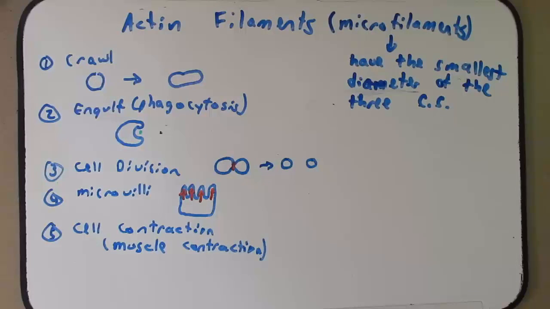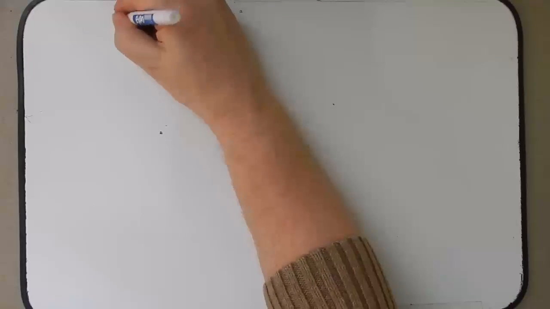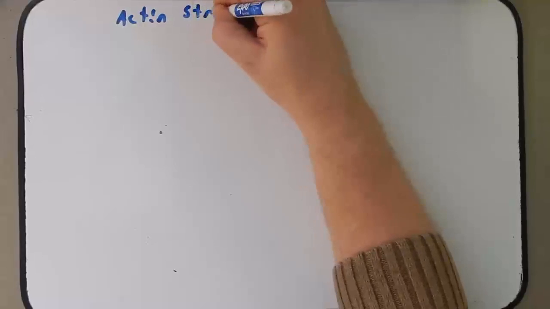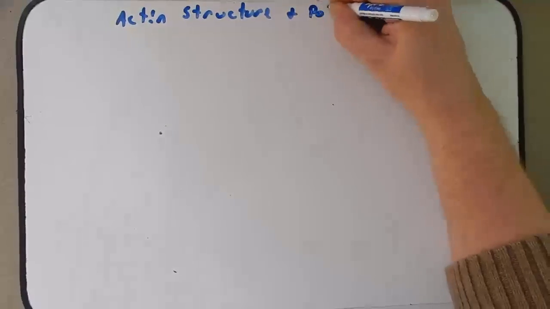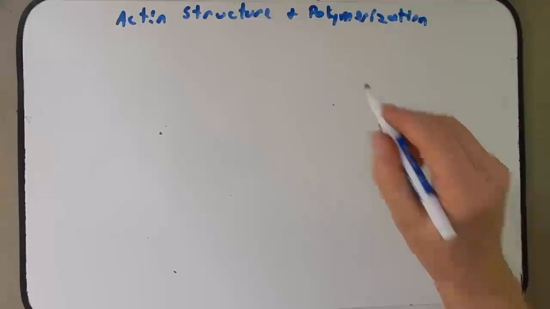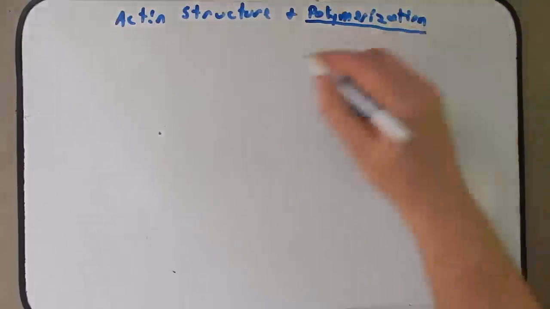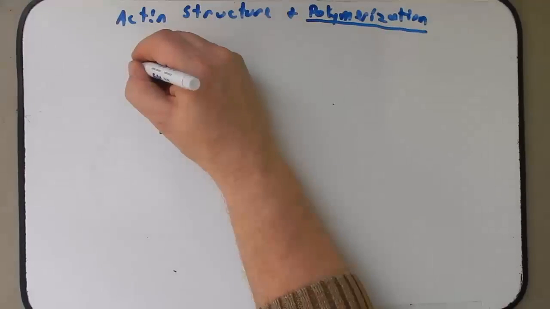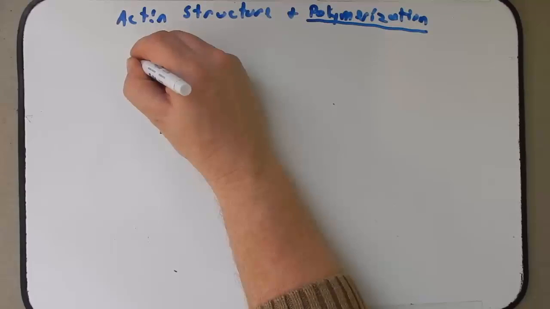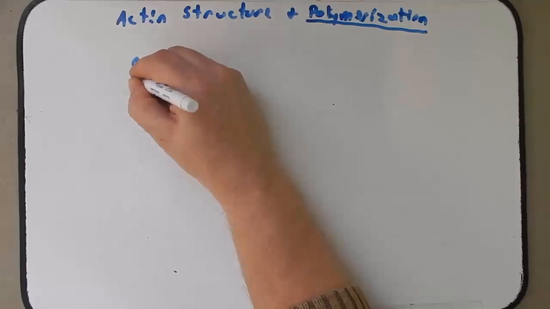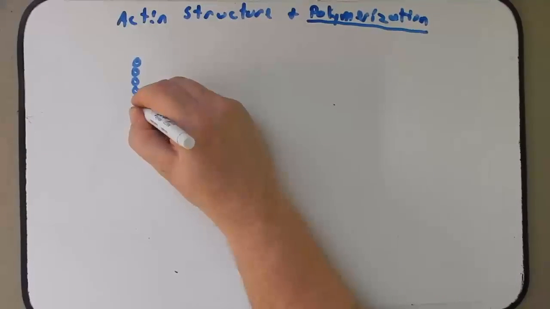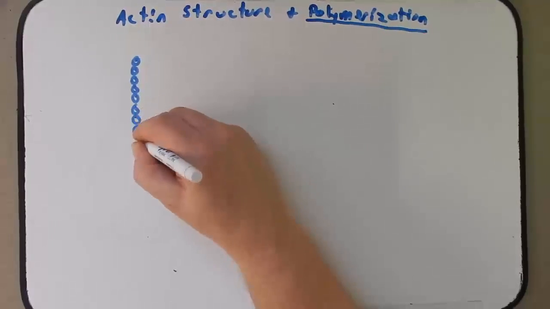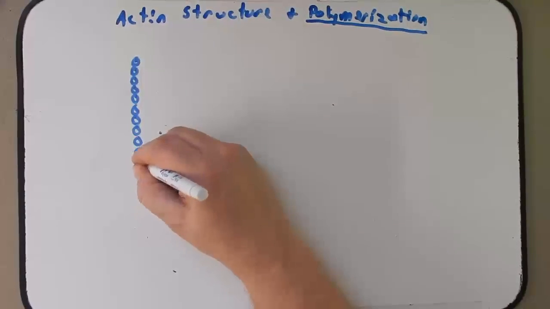Now that we understand the function of the actin filaments, let's now look at the structure and the formation of these filaments. So, actin structure and polymerization. When I say polymerization, I just mean the growth of the actin filament. The actin will form a filament like so. I'm just going to draw these circles here, and each of these circles represents one of the actin filament's subunits.